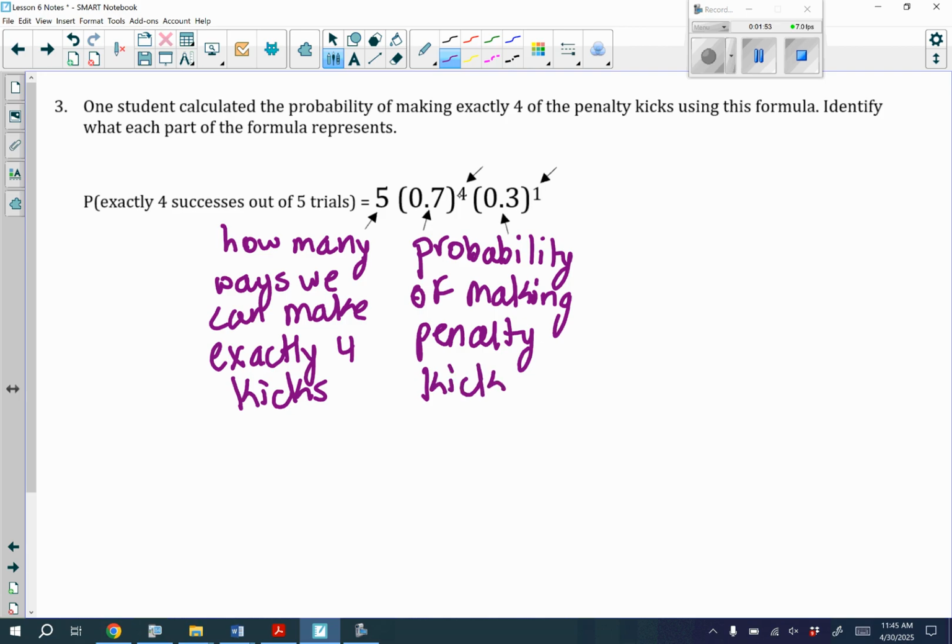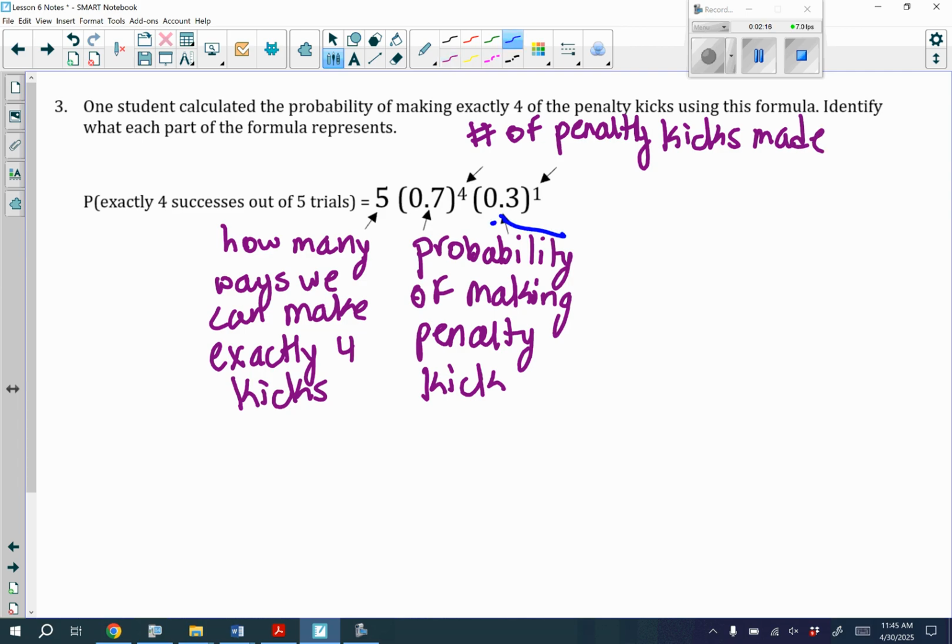Now remember, this 4th power means we actually made 4 of the penalty kicks. So the 4 represents the number of penalty kicks made. There you go. So we made 4 of the penalty kicks.